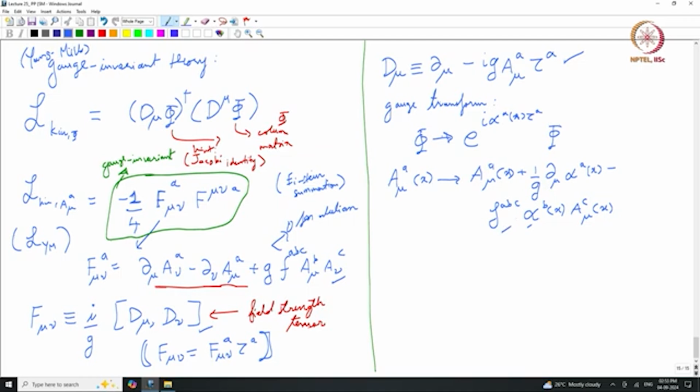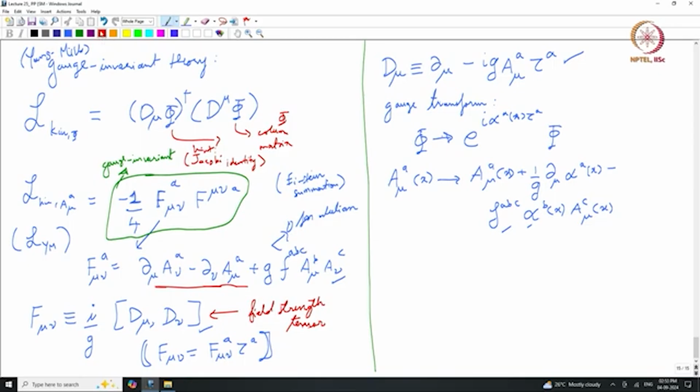Correct? Notice one or two things here. I've been writing down the index A for the gauge field, for the gauge boson. But I've also been writing it down for the generator itself.